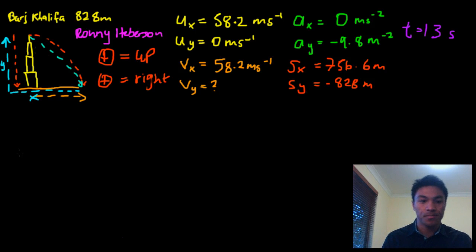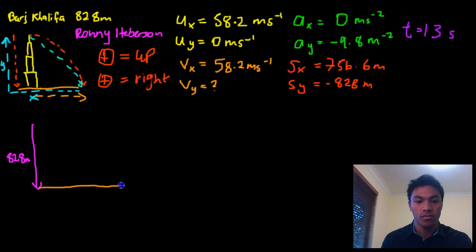Let's put this in purple: their displacement in the y direction, being down, is 828 meters down. And their displacement across in the horizontal component is 756.6 meters.